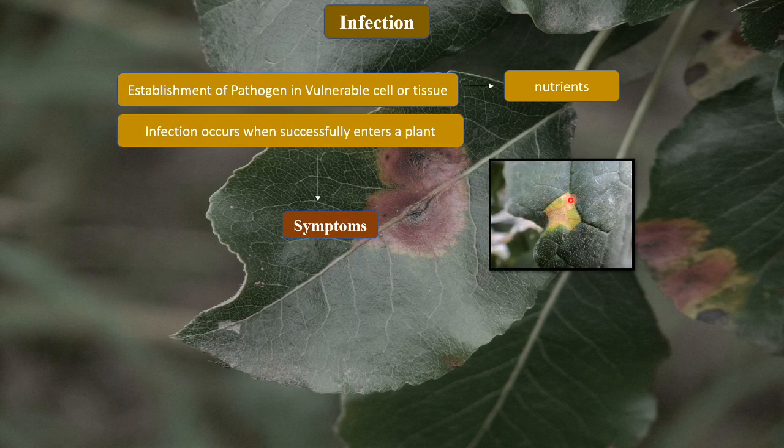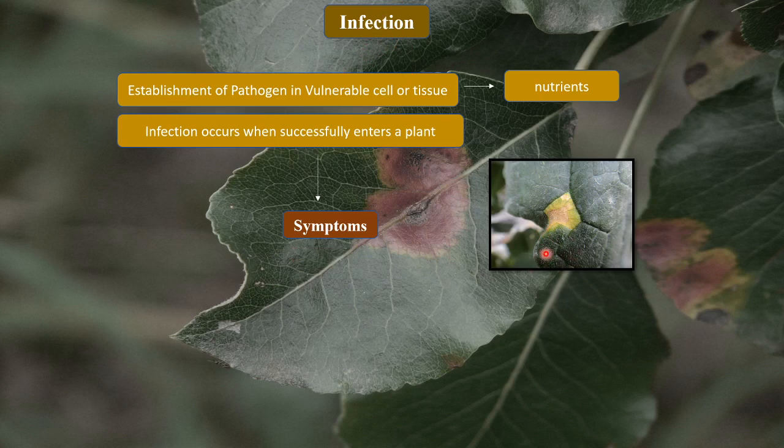This could be in any color and in various forms. It could be on the fruit, the leaf, or the stem. It could be a warty appearance or a smooth appearance, with various colors. So these are symptoms, and this happens when a pathogen has caused infection in the plant.